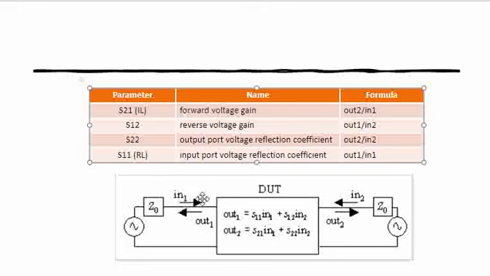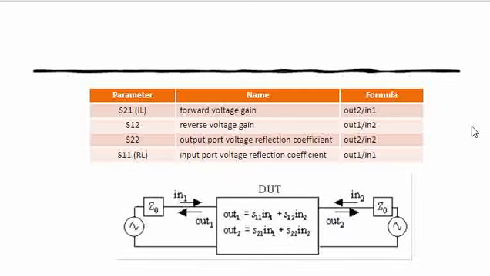Similarly, the output port reflection coefficient, which is S22, is out2 by in2. That means when we give signal in2, there will be some reflection because of impedance mismatch, which is represented by out2. So the ratio of out2 by in2 represents the output voltage reflection coefficient. So these are the 4 parameters.